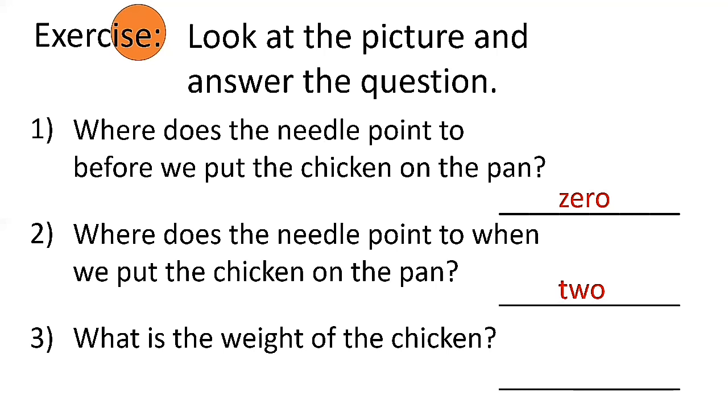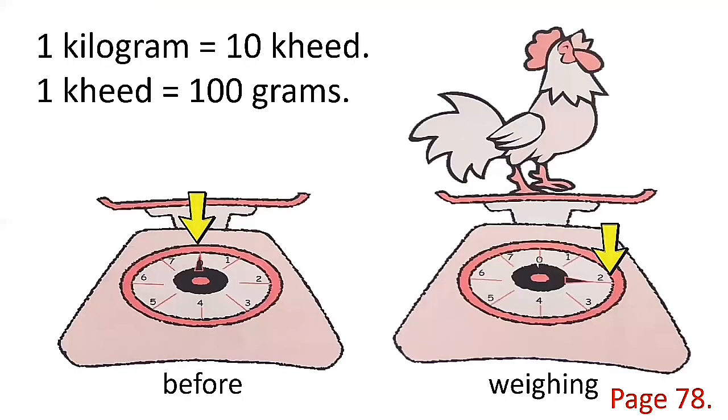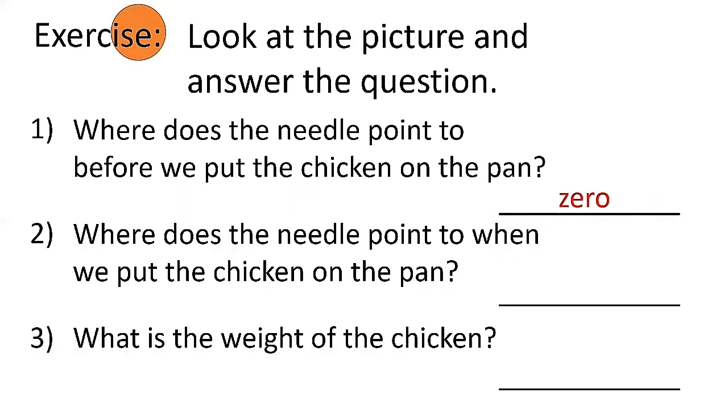Number 3, what is the weight of the chicken? Let's go back here. Since the arrow is pointed to 2, what is the weight of the chicken? 2 kilogram or 2 kg.